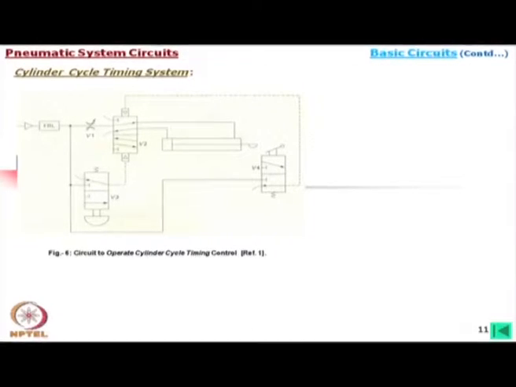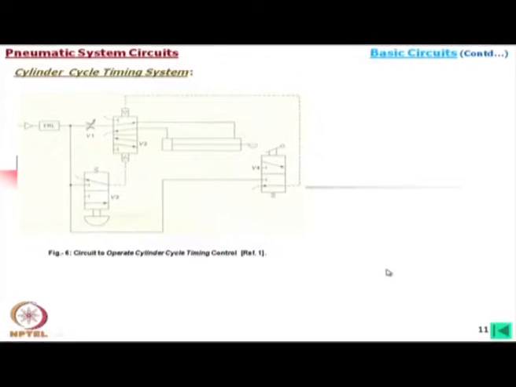Now, we are coming to cylinder cycle timing systems. In many cases, we need not only velocity control, but also some timing. That means, after doing a certain portion with one velocity and maybe another portion with another velocity, the next operation should start after some time.